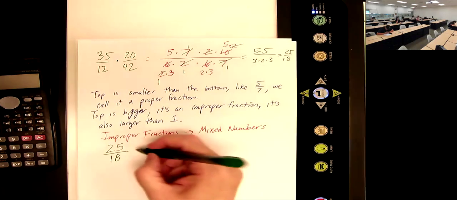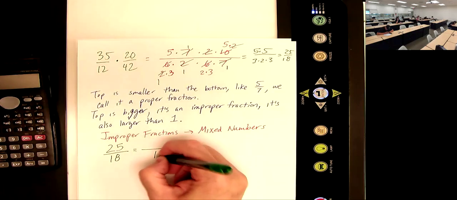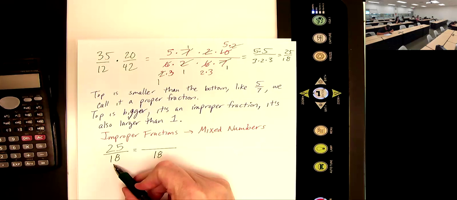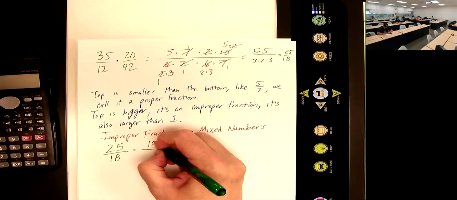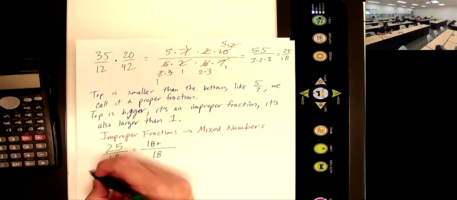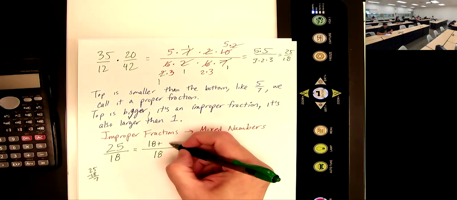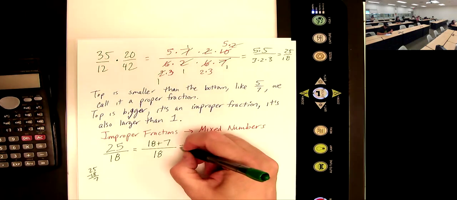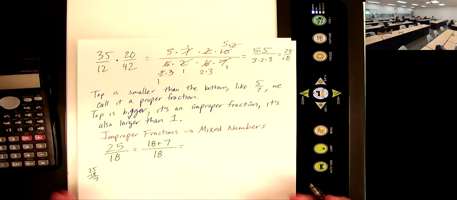The easiest way to do this is separate the top into chunks of the bottom that equal the bottom, and then whatever's left over. This is 18 plus. If you're not sure, just do a quick subtraction. You get 7 left over, 18 plus 7. And we saw when we added fractions, we put them together.